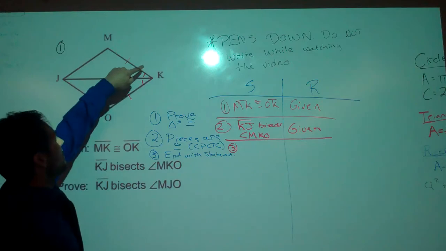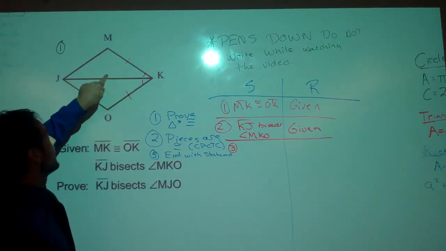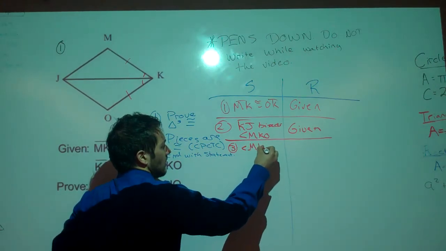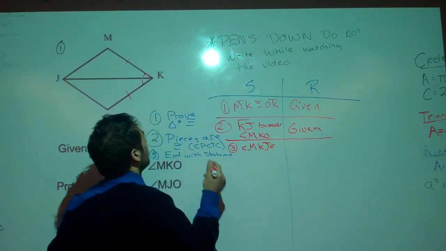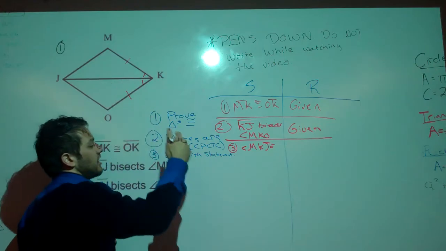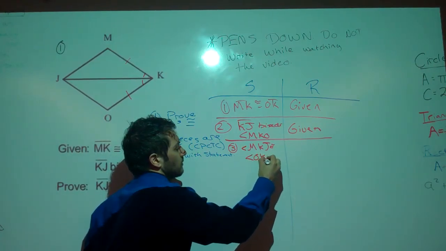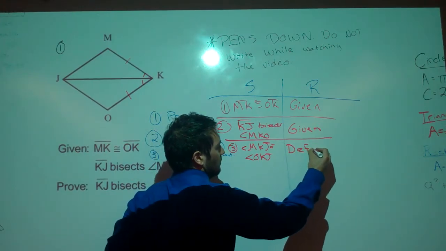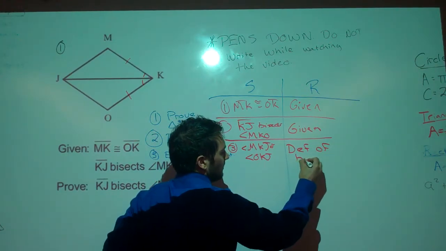So the larger angle MKO, which is the whole thing, got cut into MKJ on top. And that is congruent to the one on bottom, OKJ. This is the definition of bisect, is that the two pieces are equal in size.